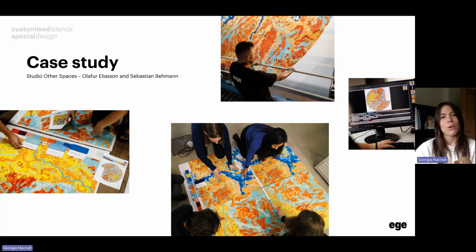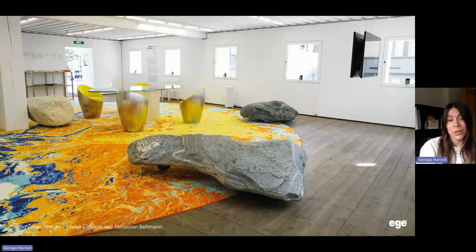You can also see on the right-hand side a little sneak peek of the full shape of the design. It's a circle with an area cut out of it, because there was a column within the central space. So we can work with you not only on custom patterns and custom colours, but to create custom shapes that work within the limitations of the space you're designing for, which you can see in situ here.